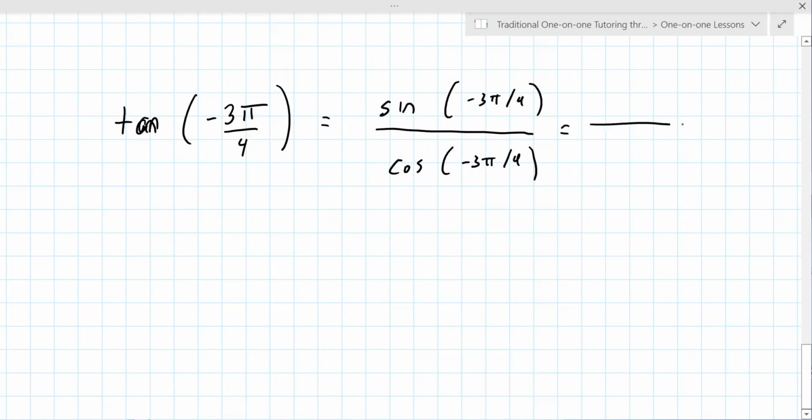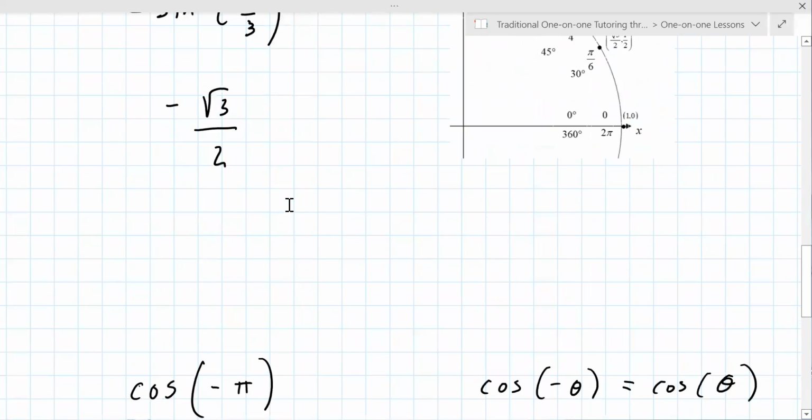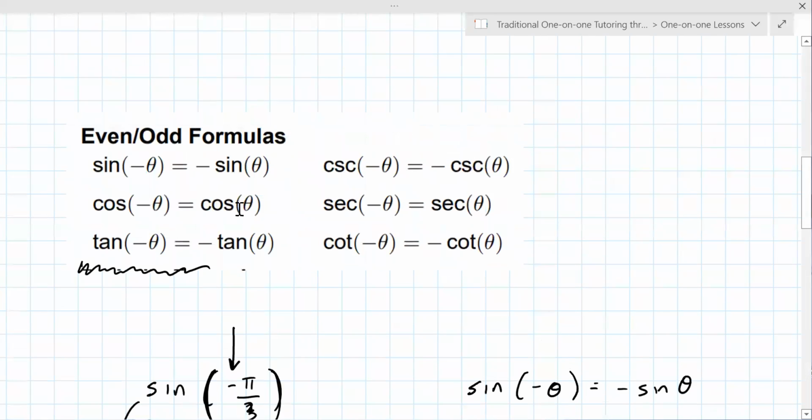Then, just like we've done for two examples here, the sine becomes negative the sine of 3 pi over 4, and cosine becomes just the cosine of 3 pi over 4. So all we're doing with these even and odds is figuring out what to do with this negative. Either it comes out here or it goes away altogether, and it's all based on this list here.